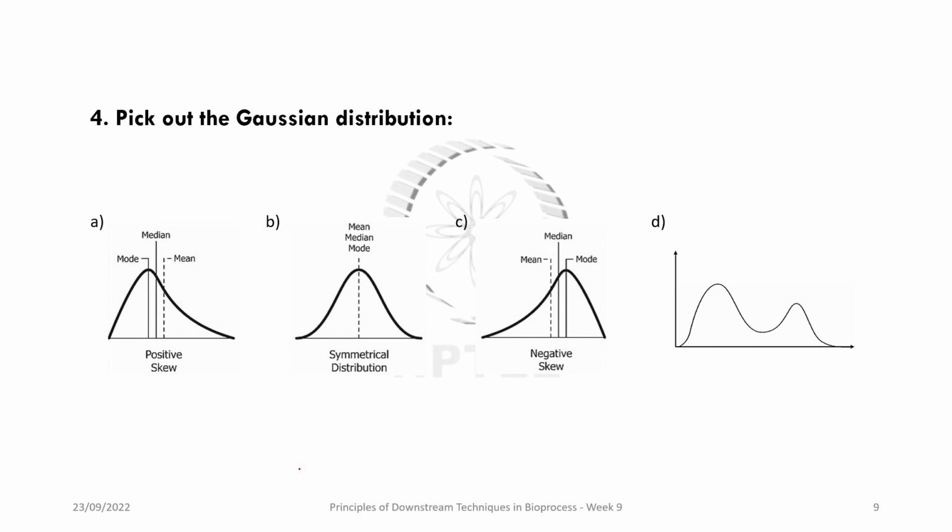So which one do you think is a Gaussian distribution? All the MCQs for the day are very simple, straightforward. Please participate with the options in the chat box. So which one is a Gaussian distribution?